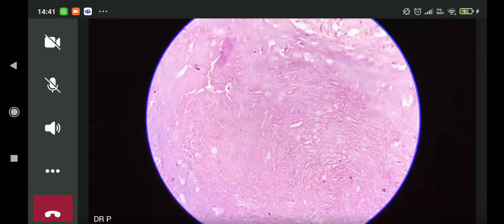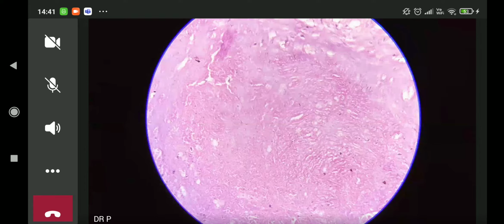But I've focused the entire screen on the pathology I want you to understand. So what is this pink looking stuff? The pointer, if you are using it, is not visible. I said I'm not using it because it's not working.